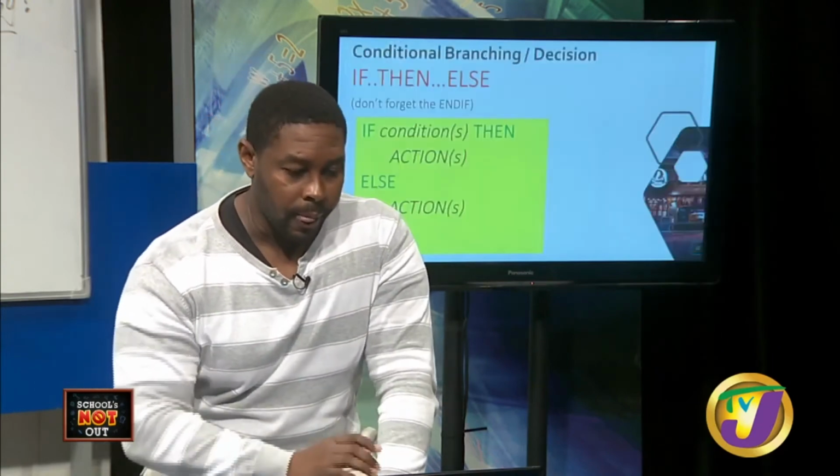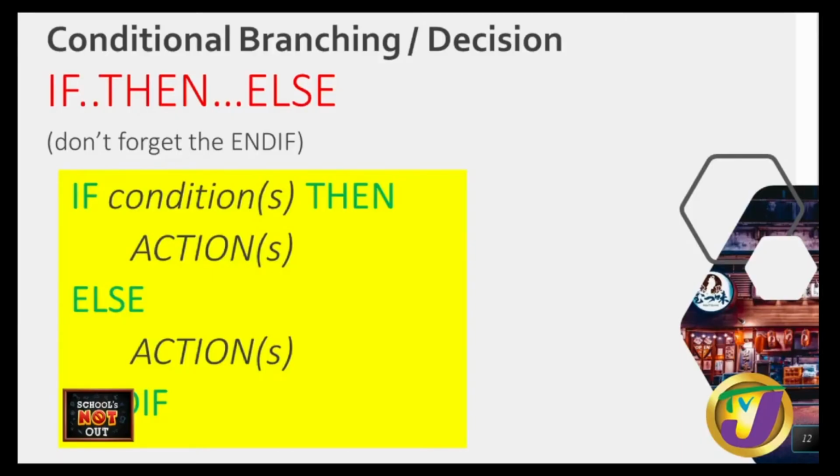All right? Let's move on to the if, then, else structure. This is what we call conditional branching or decision making. The structure is that we have the word if, conditions follow if, and after those conditions comes the word then. After the word then comes a set of actions. Then we have else, then a set of actions, and then end if.